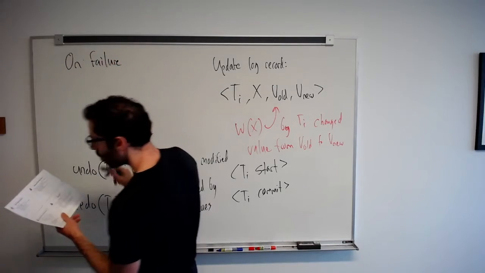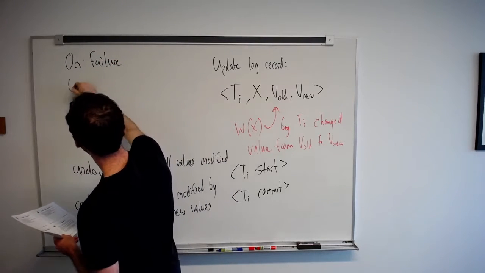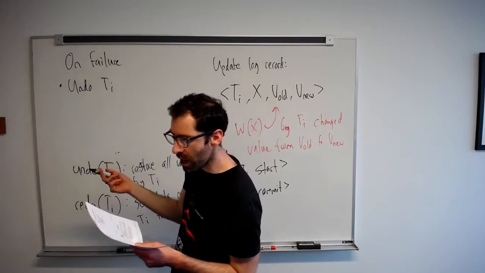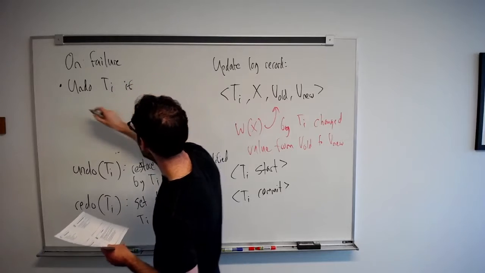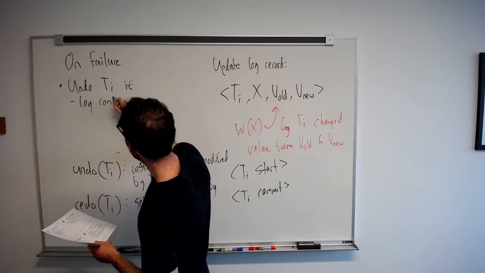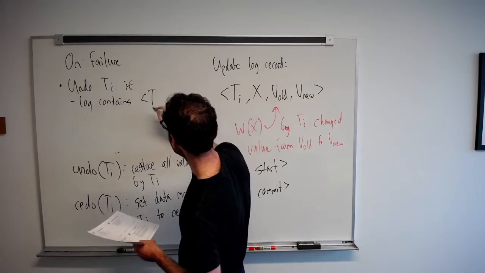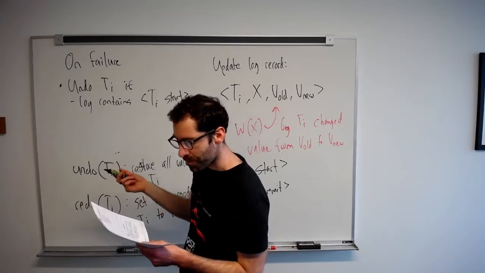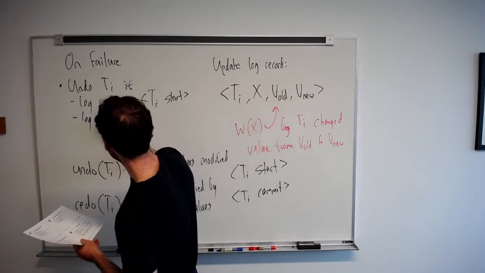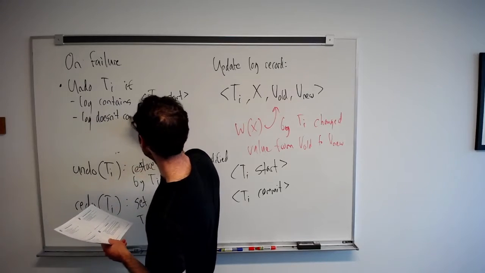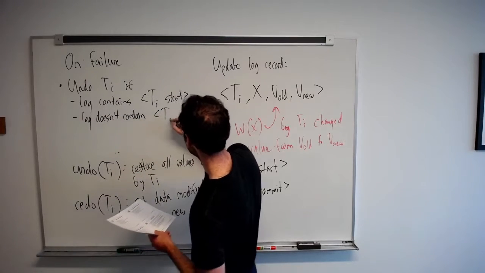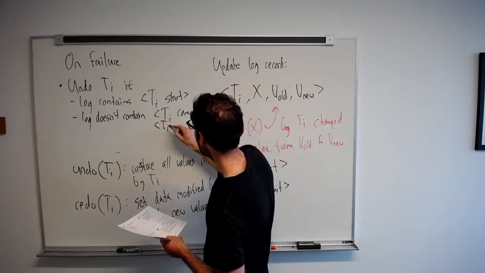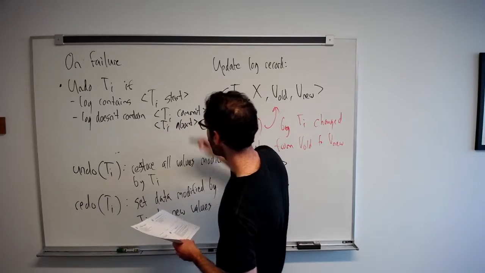On failure, what we want to do is undo some transaction Ti if our log contains the start of Ti, but the log doesn't contain either a commit or an abort.